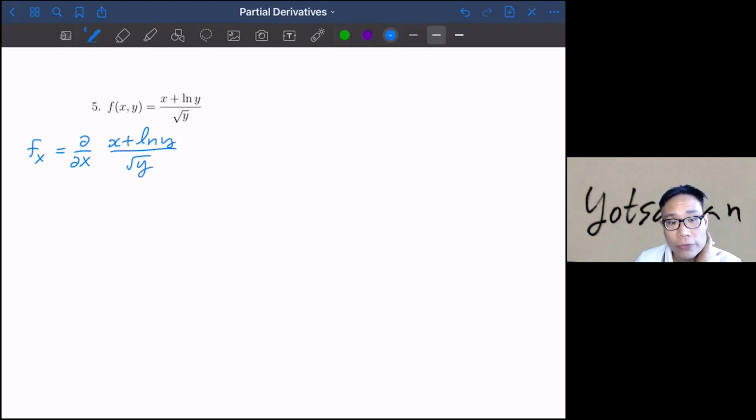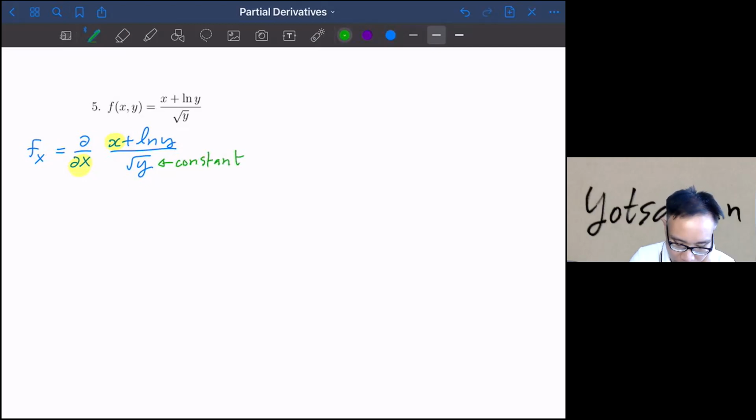You see that you are differentiating with respect to x, and you have x only in the function on top, and root y becomes constant.